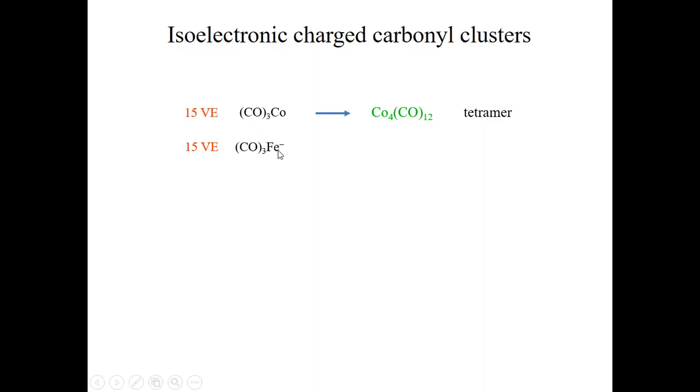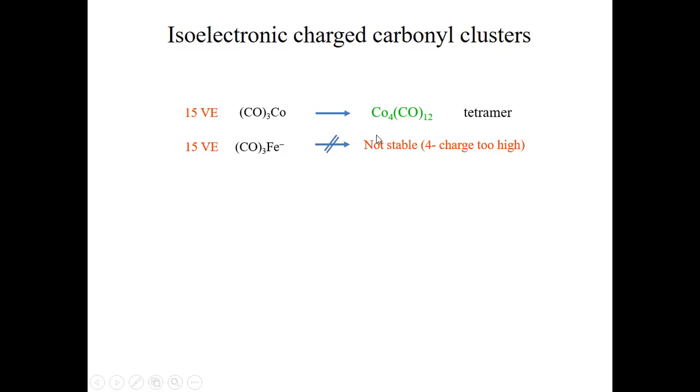The iron has 1 electron less than the cobalt. So with respect to the 15 valence electron fragment, FeCO3 would therefore need to have a 1 negative charge. So 4 of these could again tetramerize to make a tetrahedral cluster.